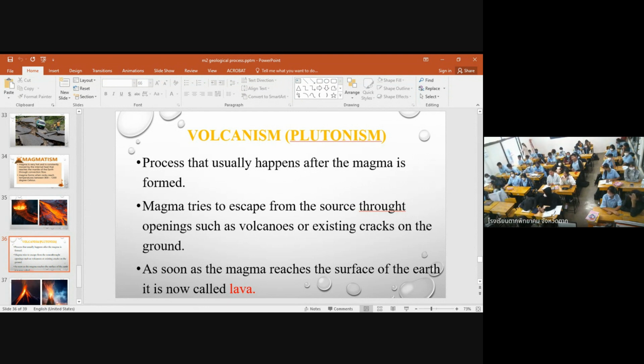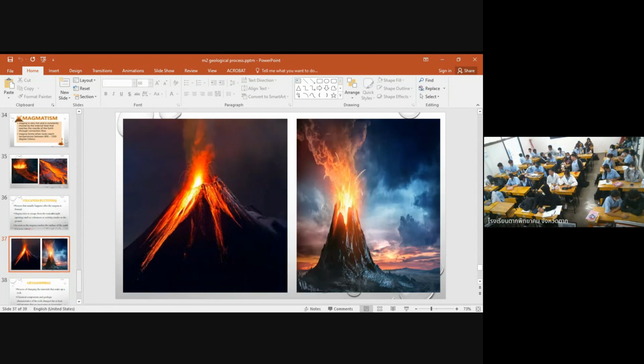Very good. It's lava. As soon as the magma reaches the surface of the earth, it is known as lava. So this is an example of the volcanoes. Some volcanoes are exploding.